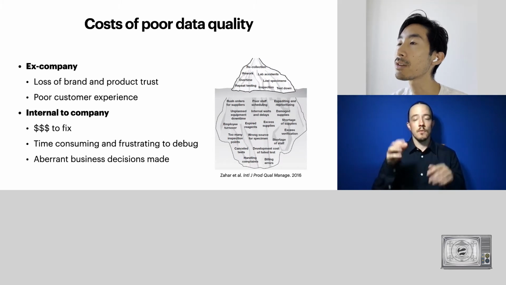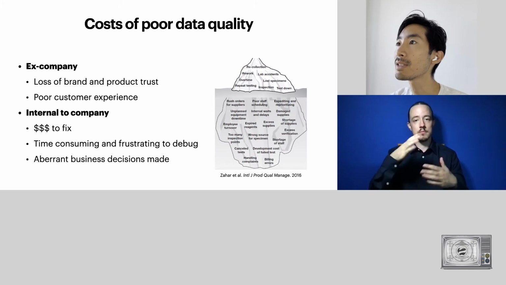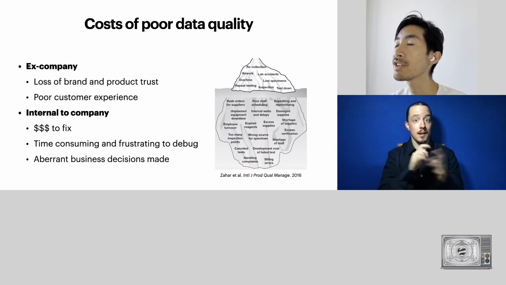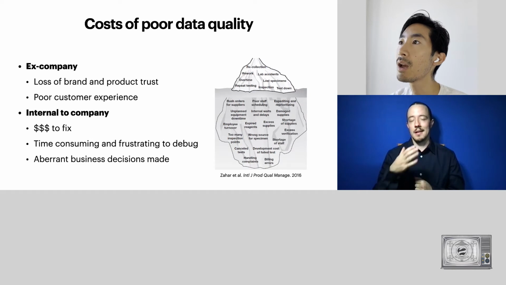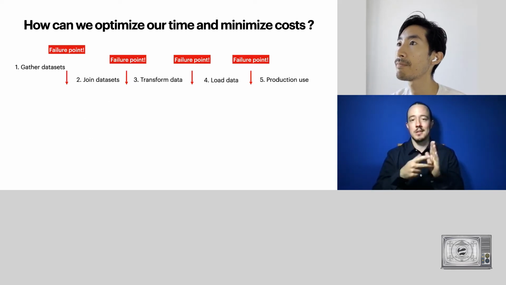Similarly, for internal consumers of that data, they might be making poor business decisions. It's also pretty time-consuming and frustrating to debug those sorts of issues if it's a complicated pipeline. And because developers are spending their time on it, it's also going to cost the company money.